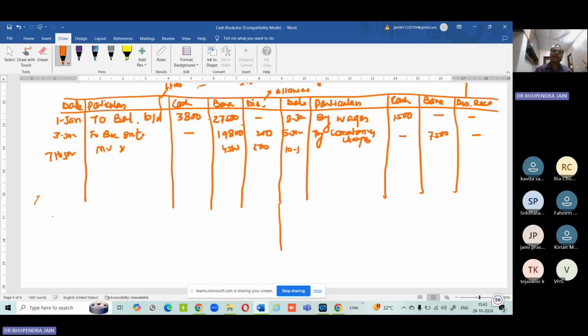Okay, so on the credit side, by X, what will we write here? 4,500, and here 500, because we had passed the entry bank account debit 4,500, discount allowed account debit 500 to Mr. X as rupees 5000. But such a check has been returned by the bank. So this is called check dishonored. At the time of check dishonor, we just reverse the entry. That's it.